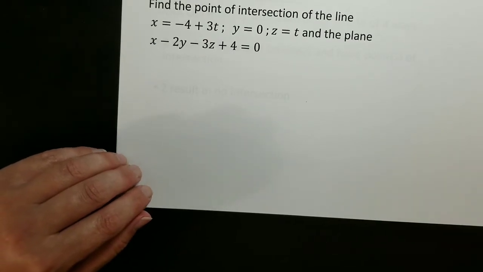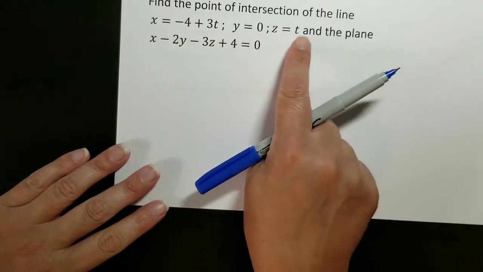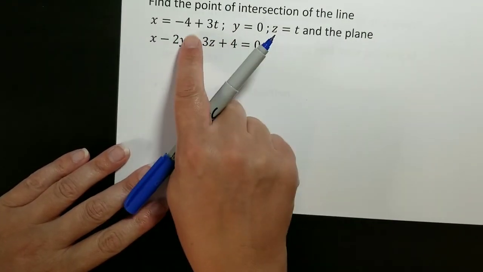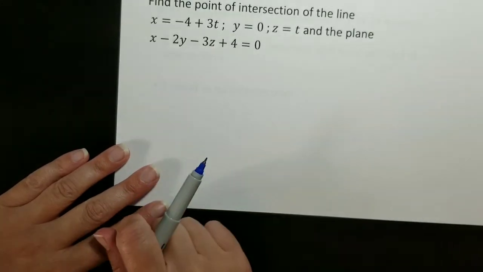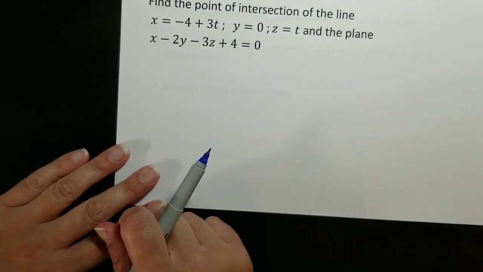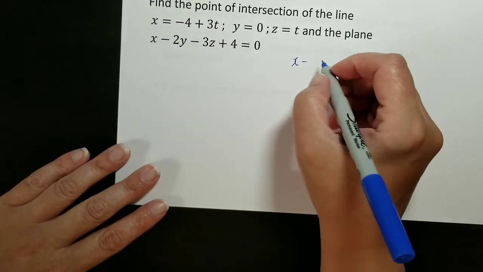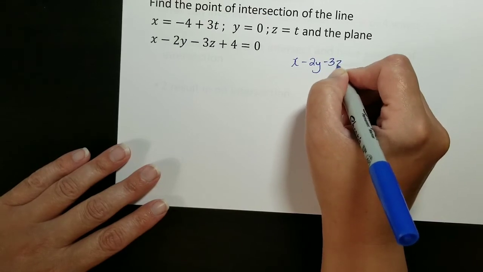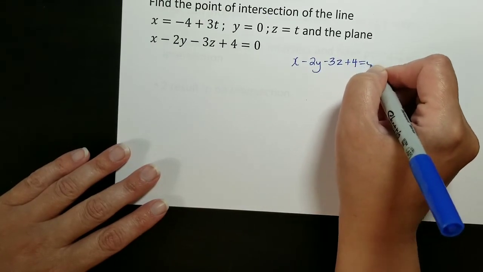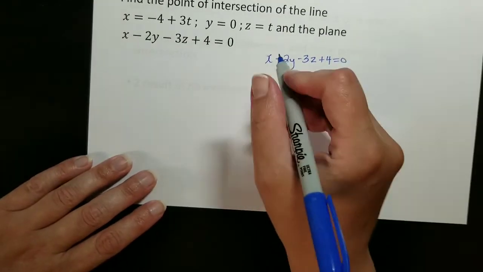The third example here, again, I've tried to make this a little bit easier, that we've got our x and y and z in parametric, and we have an equation of a plane in Cartesian form. So I'm going to sub those in. We're again finding the point of intersection of a line and a plane. And this one, I think we're going to get that third case.